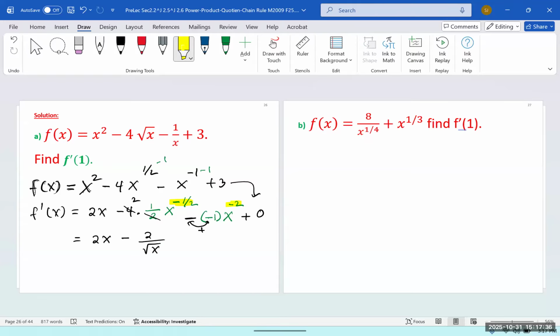So these 2 is in the numerator, and x to the -1/2 means it goes on the denominator. Plus x to the -2 means 1 over x to the +2. And then the 0 is 0. So this is the derivative.